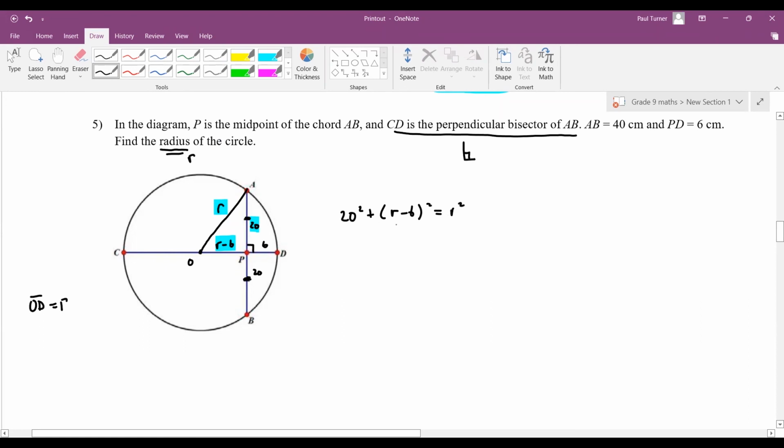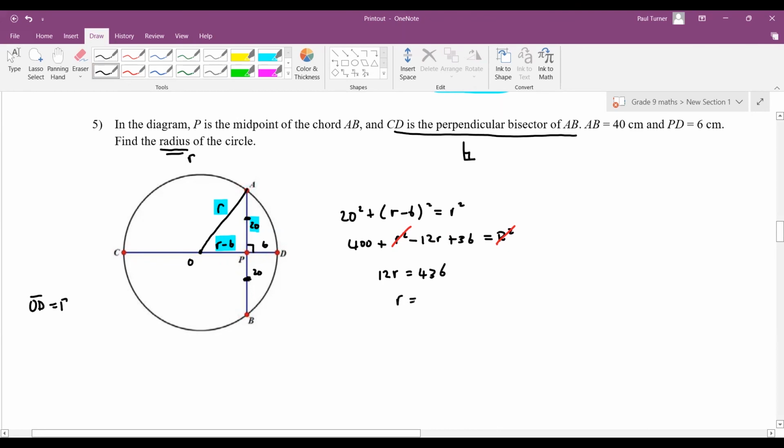And then we need to simplify this and find R. So we'll have 400 plus R squared minus 12R plus 36 equals R squared. So if you bring the R squared over, you'll get negative R squared. So the R squareds will cancel, so we can just delete them. And then we'll have 12R, so let's bring the minus 12R over, and then we'll have 436 on this side.